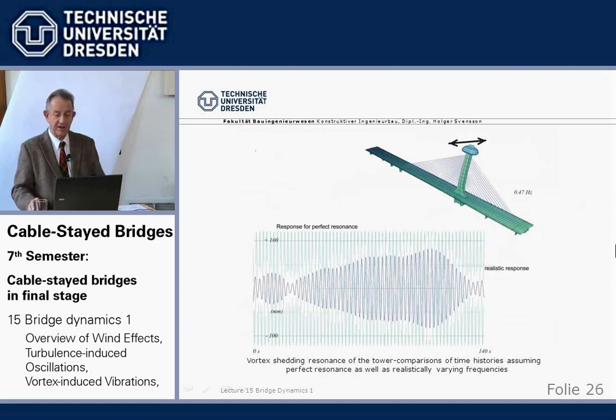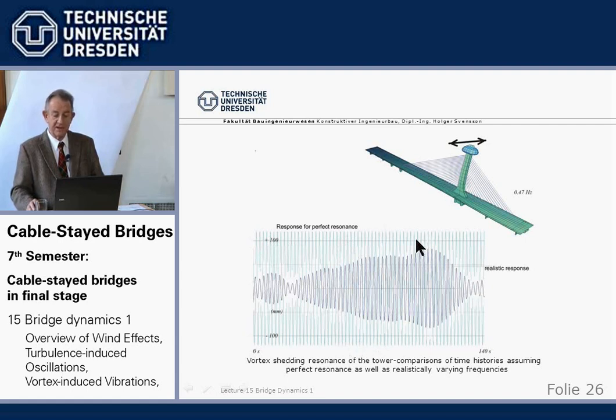and we have no perfect shedding frequency because the wind does not blow constantly all the way. This is a comparison. If we had perfect wind blowing constant, in resonance with the beam frequencies, we would have these movements of the beam.